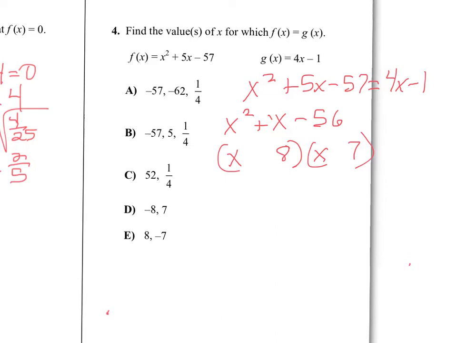So I'm going to put a plus on the 8, and the 7 gets a minus. These are equal to 0. This means that x equals negative 8 and 7. So, negative 8 and 7. Alright, moving to the next.